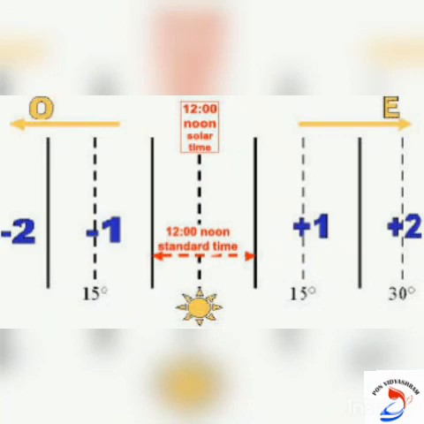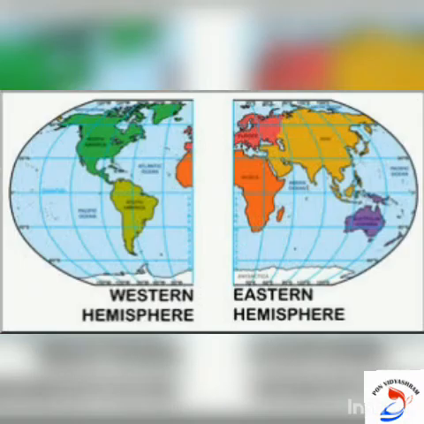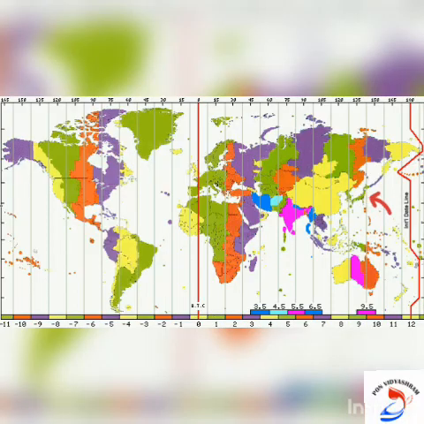As the earth rotates from west to east, the places situated towards the east of the prime meridian will have sunrise earlier than those situated towards the west. This means Tokyo experiences sunrise before London, and London experiences sunrise before New York.